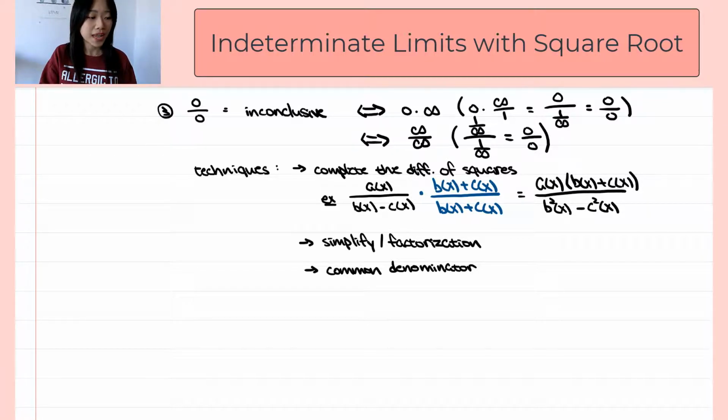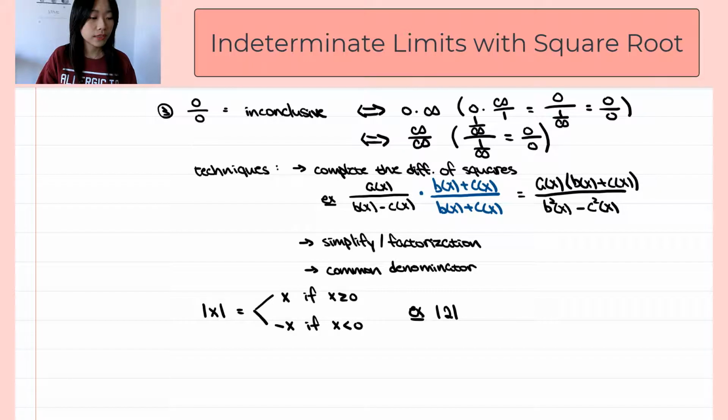Just a quick recap. Absolute of x equals positive x if x is positive, but it equals negative of x if x is negative. For example, absolute of 2, since 2 is positive, is 2.